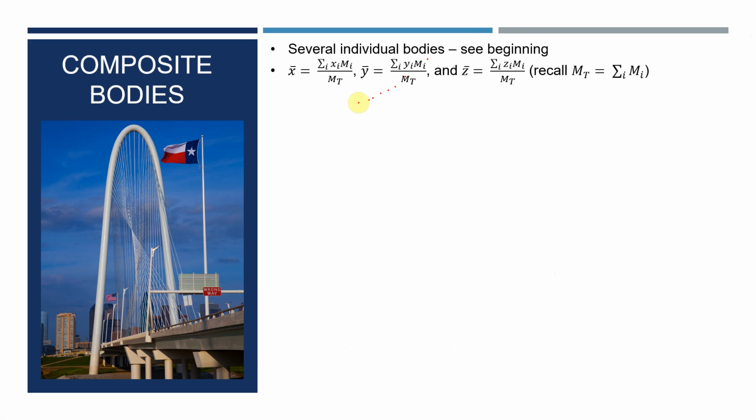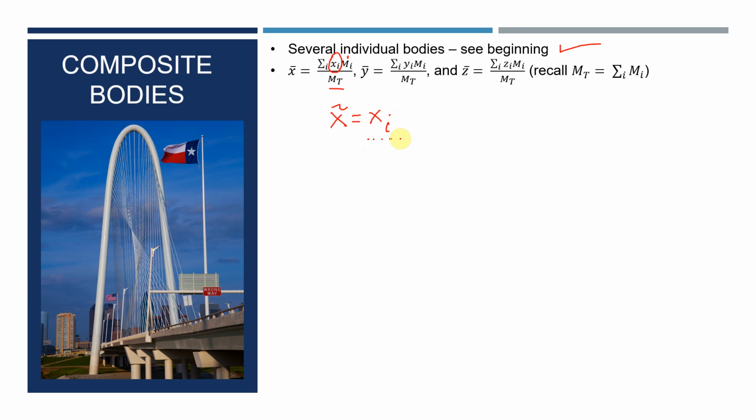Okay. Now, if you have composite bodies, it's just like the beginning. You take the sum over all the individual bodies that you have. This is the centroid of that body times the mass of that body divided by the total mass of all the bodies. The book has been using the tildes, but I like to use this notation.